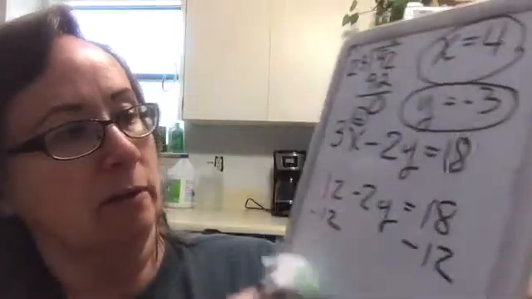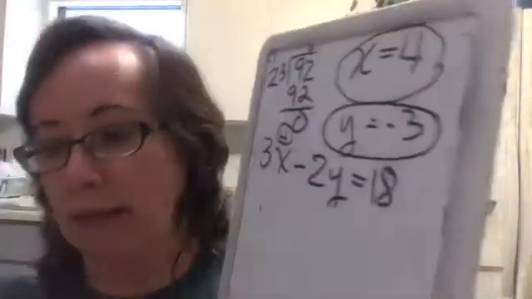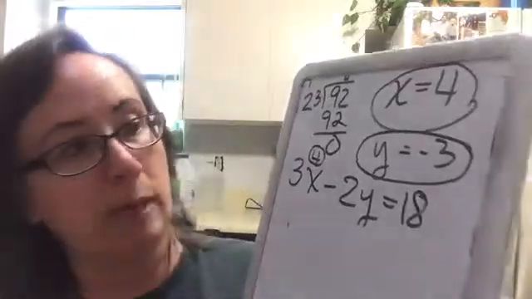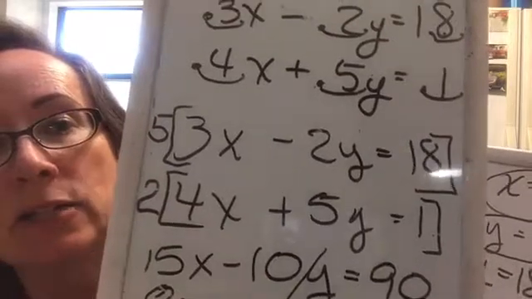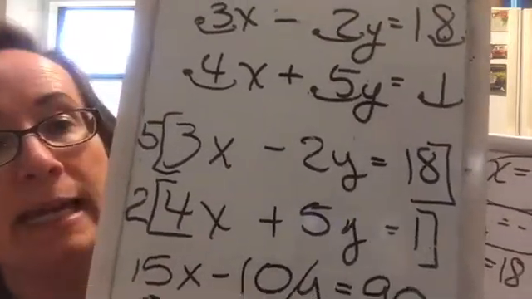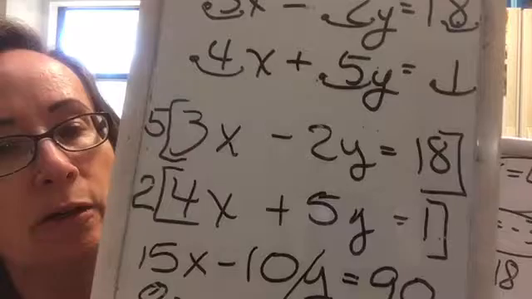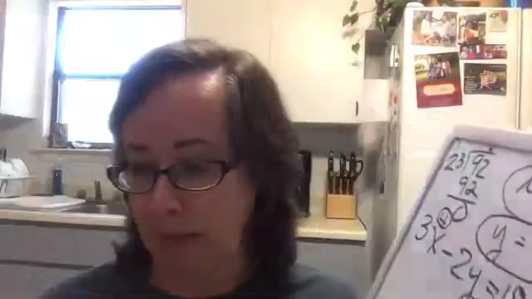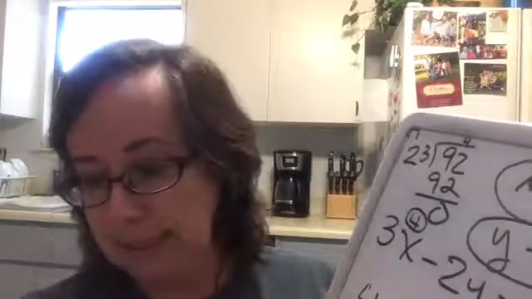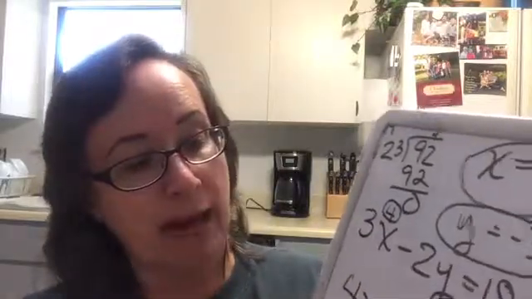And now I'm going to take those two values and put them into the other equation. I used the 3x minus 2y is 18 just now, so I'm going to use the other one, 4x plus 5y is 1.